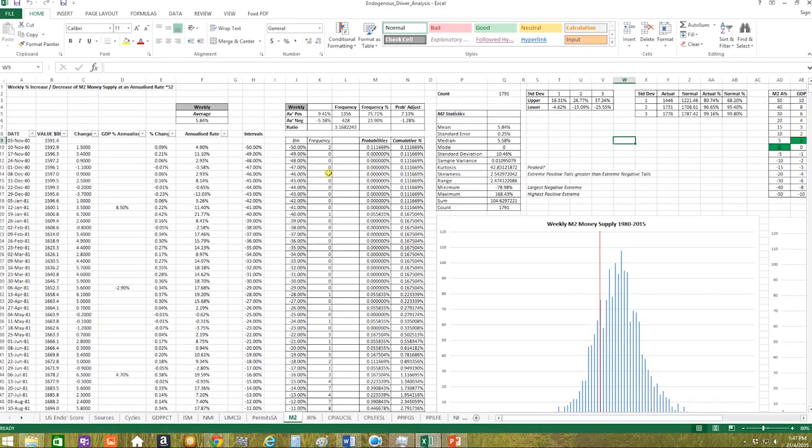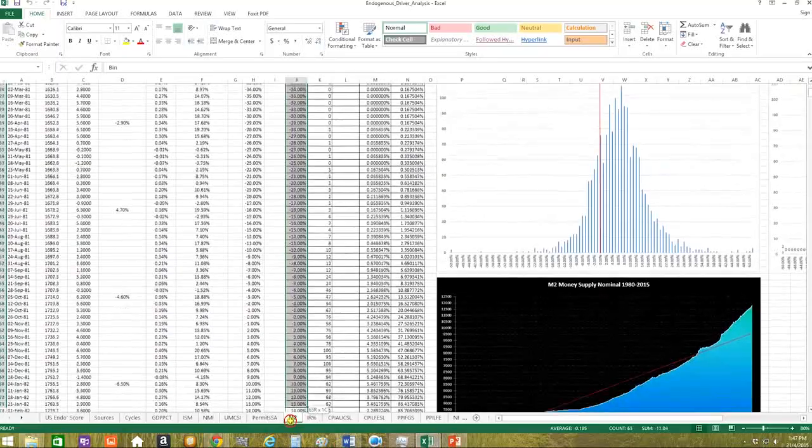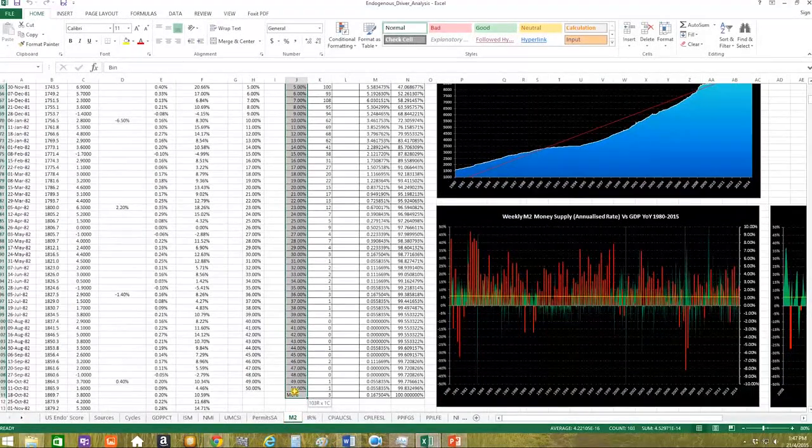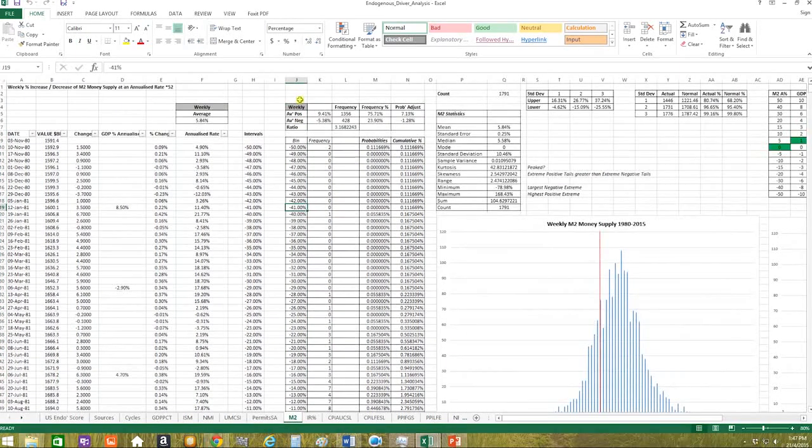So as you did with Chris earlier, we work out our intervals, and you can see there's a lot of intervals here. So we're going from plus 50 all the way to minus 50 on our interval scale. We have our descriptive statistics as well over here.